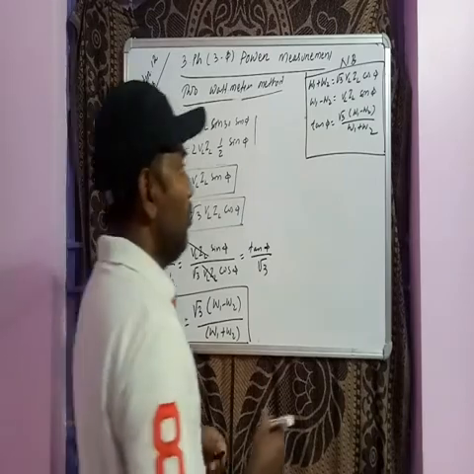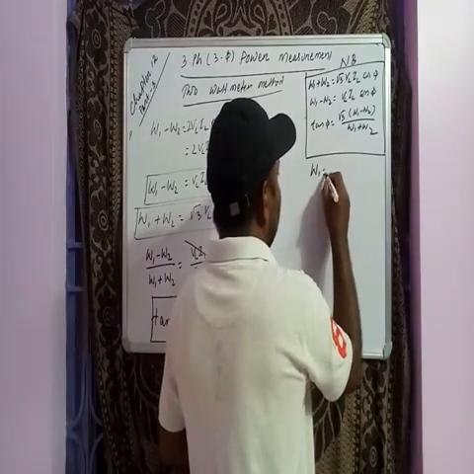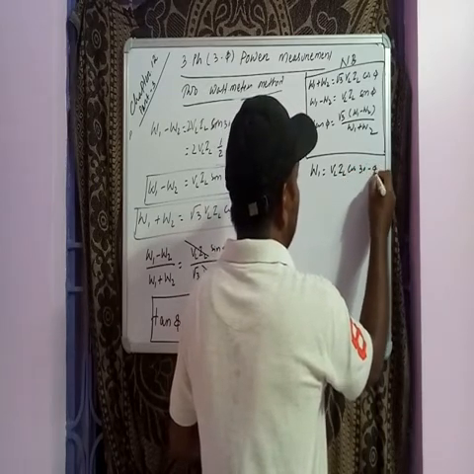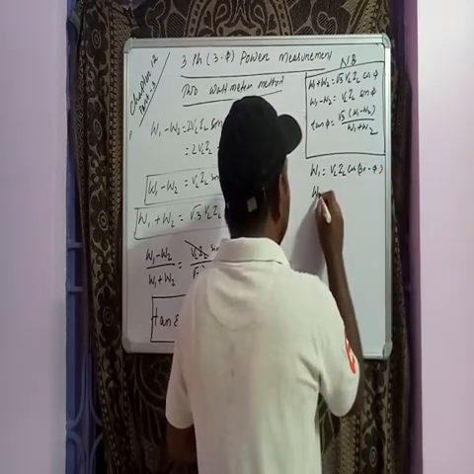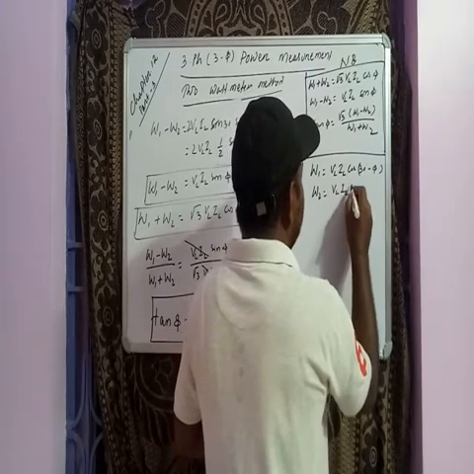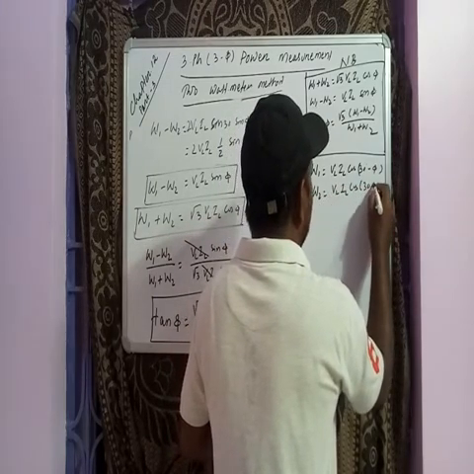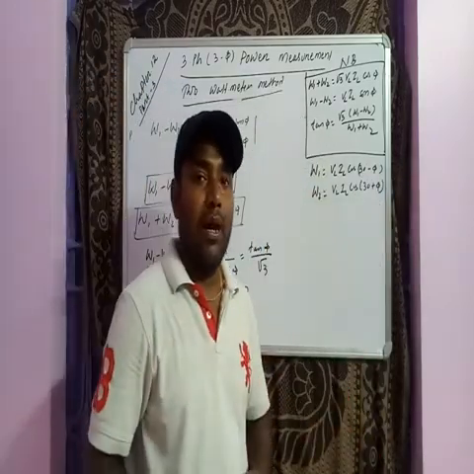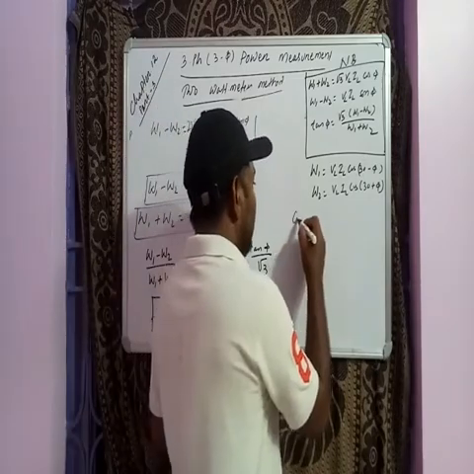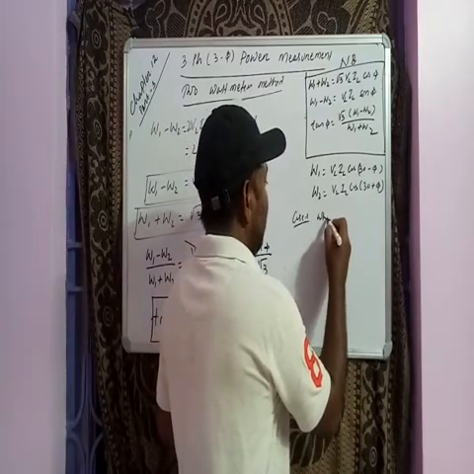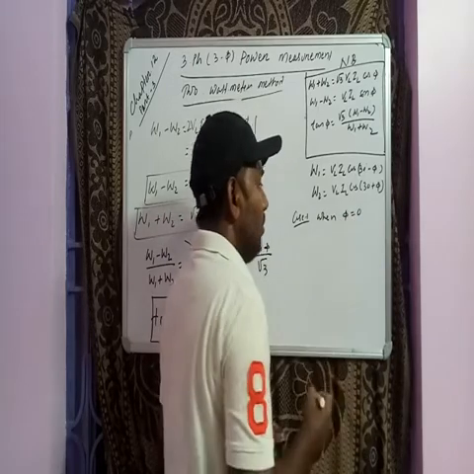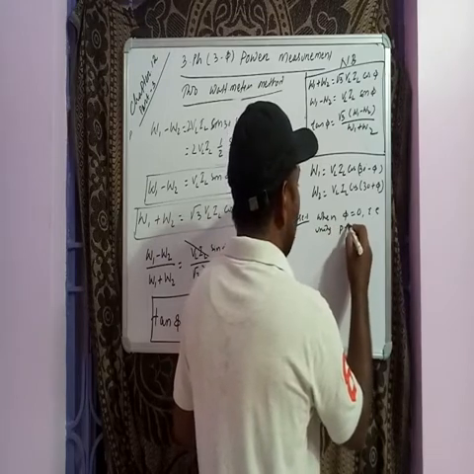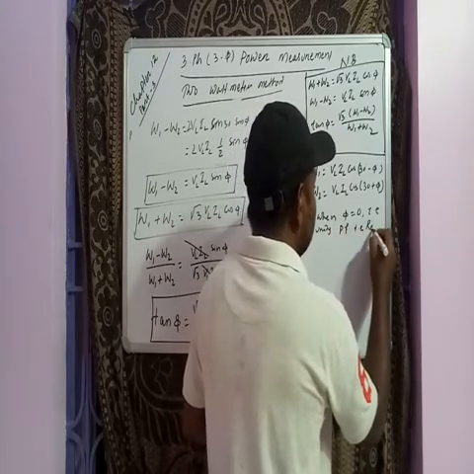Okay, so this will help us find the values of W1 and W2. As you know, W1 is VL IL cos (30 degree minus phi), and W2 is VL IL cos (30 degree plus phi). So phi will decide the readings of W1 and W2. Case 1 is when phi is equal to 0, that is unity power factor, a resistive load.